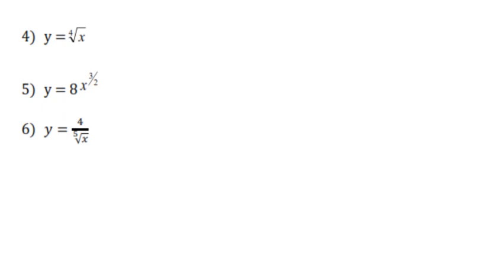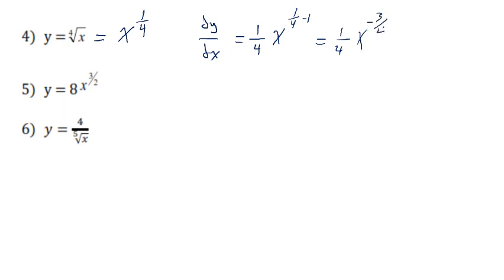For number 4, I wanted to differentiate y is equal to the 4th root of x. First, I have to start by writing the root as an exponent, so it's x to the power of a quarter. Now I wanted to find dy by dx. I put down the exponent, which is a quarter, and from the power I take 1, so it's going to be a quarter x to the power of negative 3 over 4.